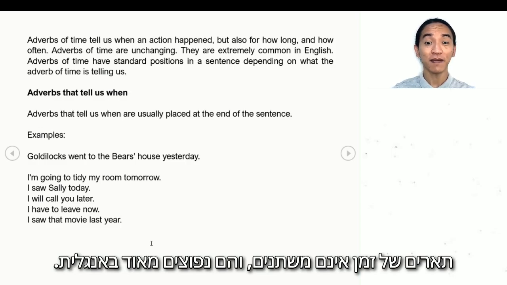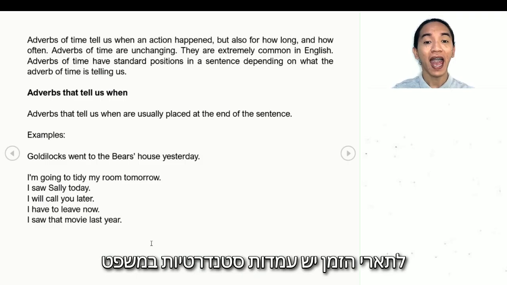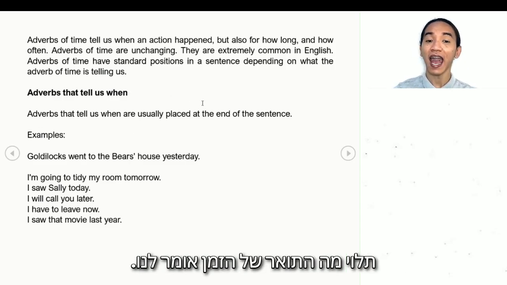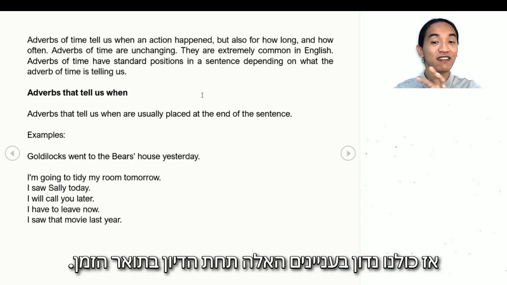Adverbs of time are unchanging, so they are extremely common in English. Adverbs of time have standard positions in a sentence depending on what the adverb of time is telling us. So we will discuss these matters under the discussion of adverbs of time.